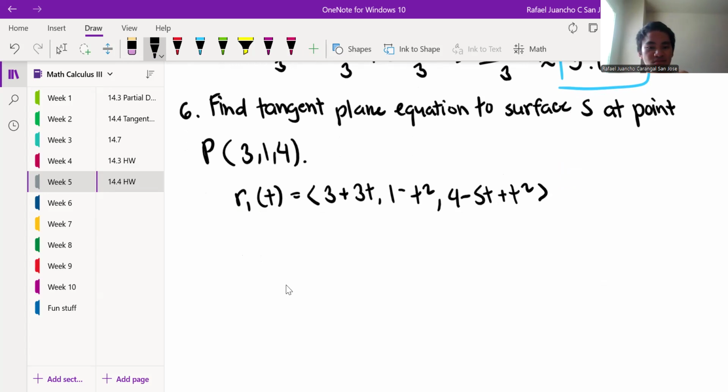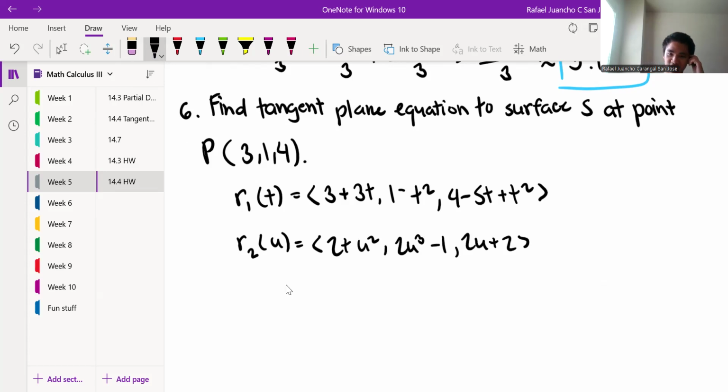Ooh, that's quadratic. And then my other position vector that gives me the other curve is 2 plus u squared, 2u cubed minus 1, and lastly, 2u plus 2.